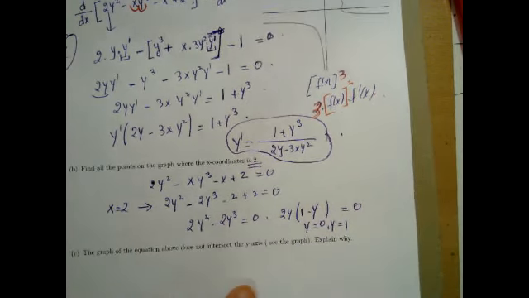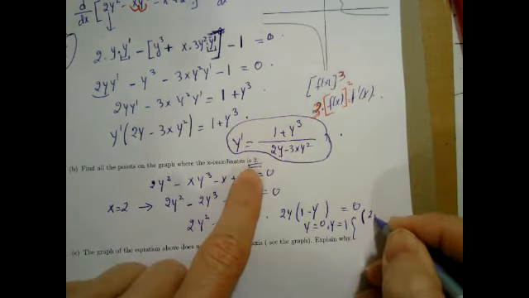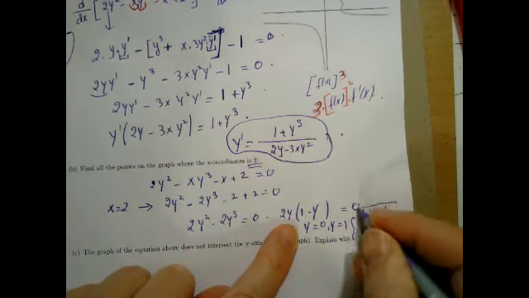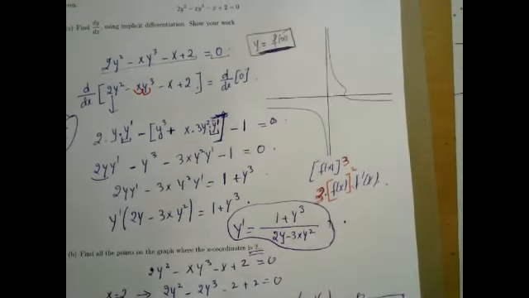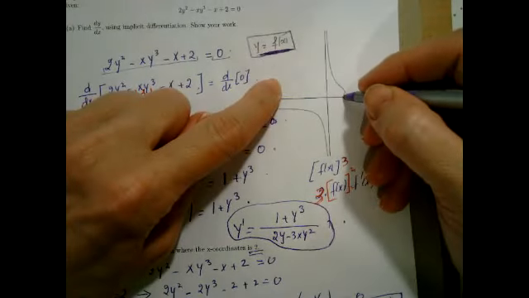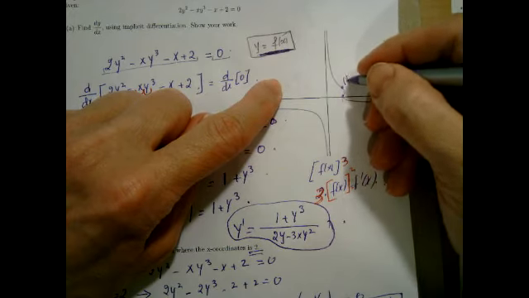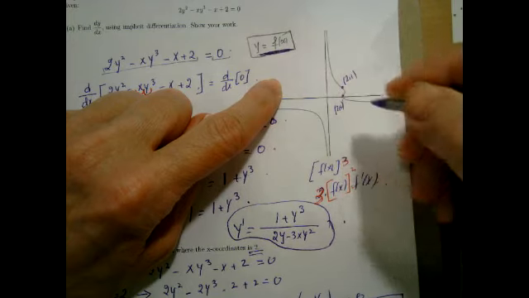So the points on the graph will be (2, 0) and (2, 1). Right. On the picture right here, it's (2, 0) and (2, 1). This point and this point. That's where the x coordinate is 2. Those are those 2 points on the graph.